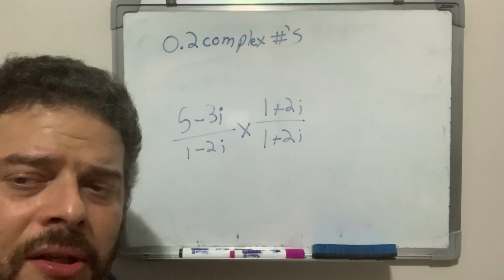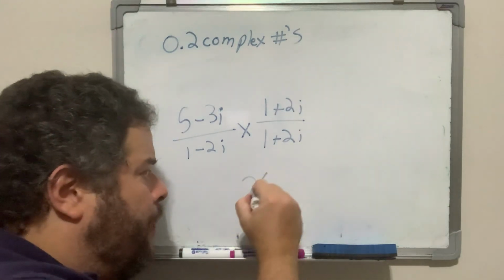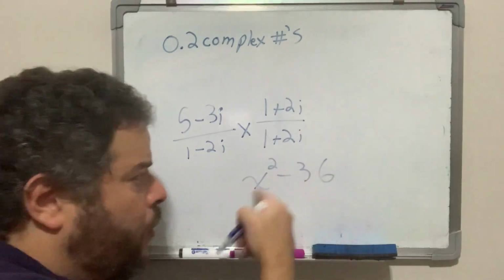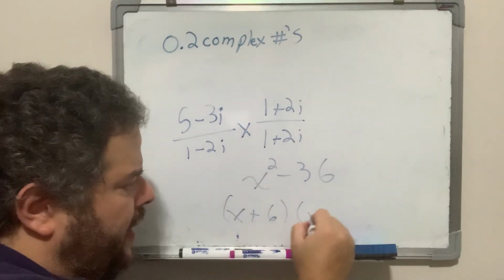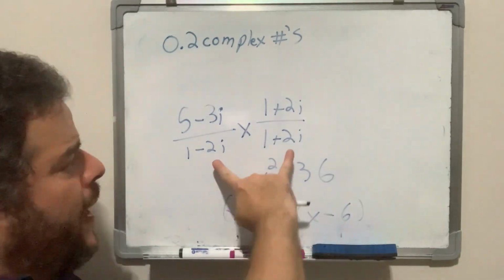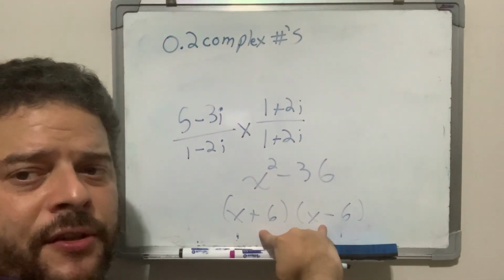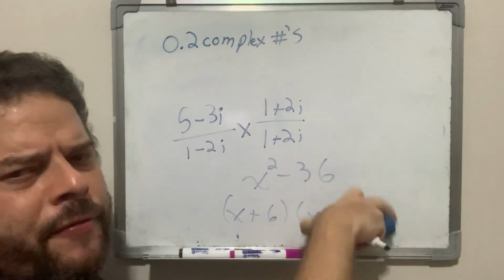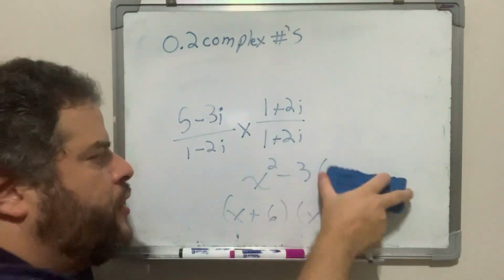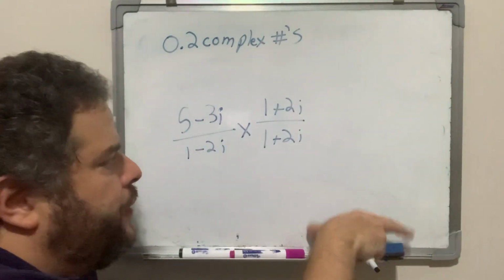Remember, this used to be a difference of squares, x plus 6, x minus 6. So right now, these things are like the factors, and you're going to multiply them both to end up with kind of like the original expression of the difference of squares.